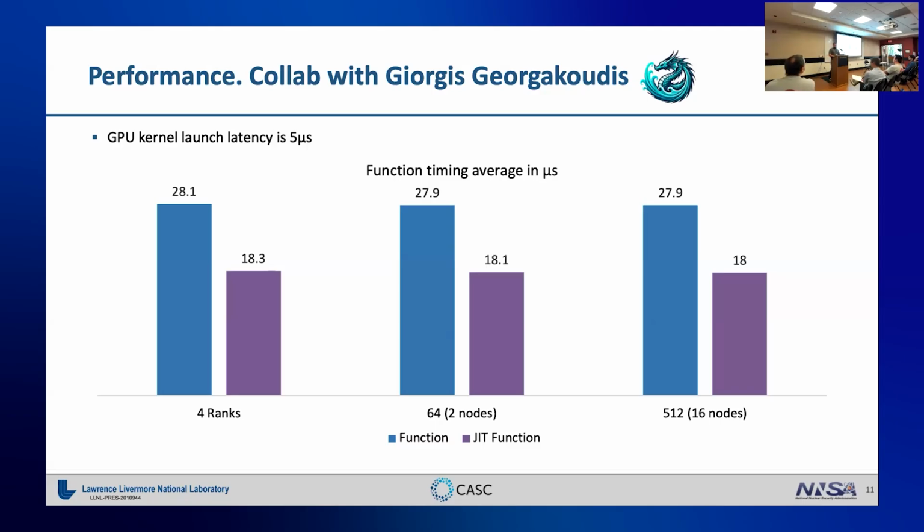And the doubt, or the concern, is that the bigger the number of nodes, the slower JIT would get because it's more taxing on the system. There might be communication going on, right? As you can see, there is absolutely no difference in running the function in blue here or the JIT function on different numbers of nodes or ranks.